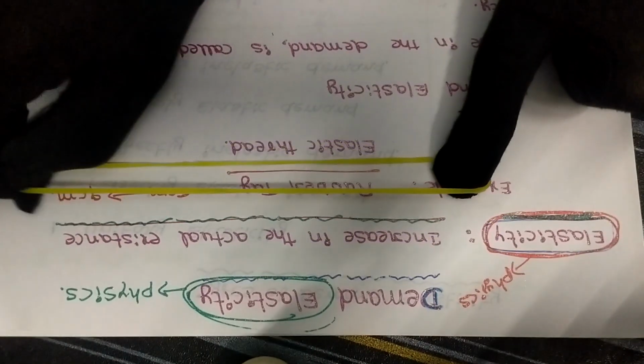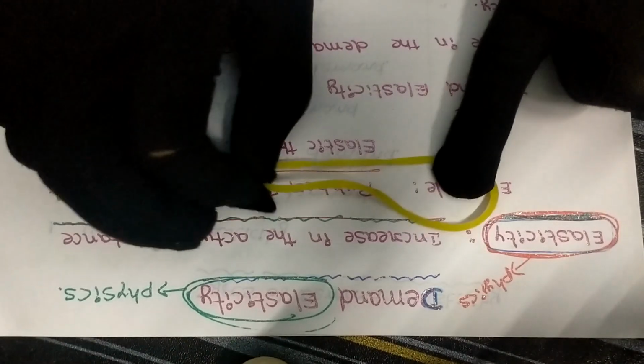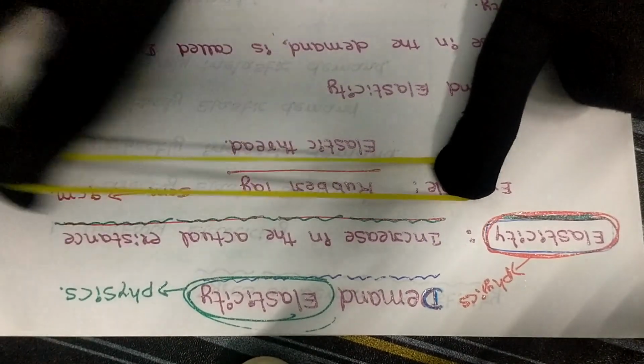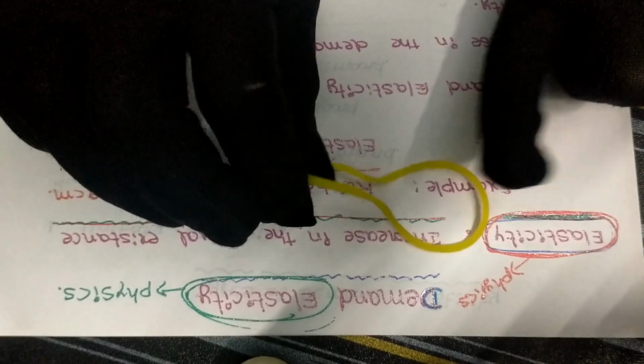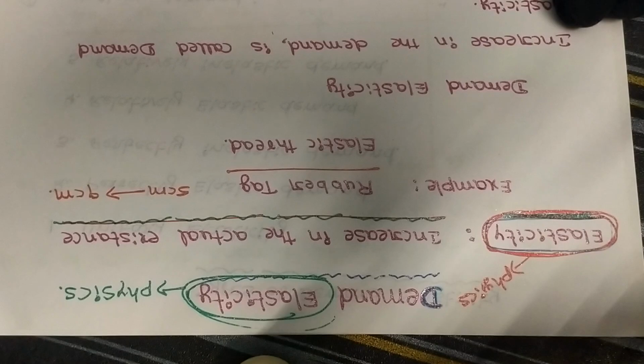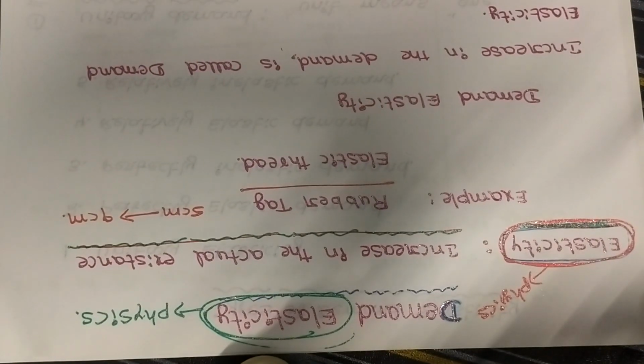Elasticity in Telugu is termed as sagudala. It means it has the property of elasticity. This is an example. Coming to elastic thread also, when dresses are stitched, most commonly tailors use elastic thread, right? So from this you have an idea about elasticity.